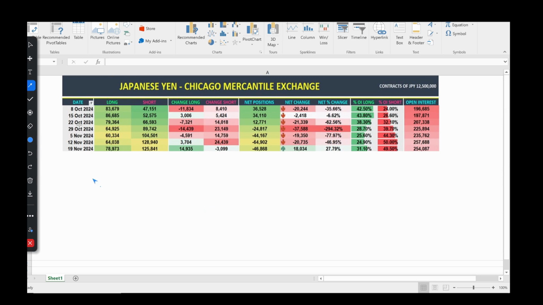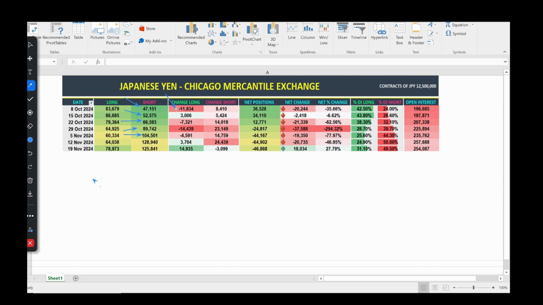And you'll also realize that the shorts have actually been increasing from 47,000, then 52,000, 66,000, 89,000, 100,000. So they've been increasing the number of shorts as far as the yen as an instrument is concerned. And you could see here that the longs were actually reducing.